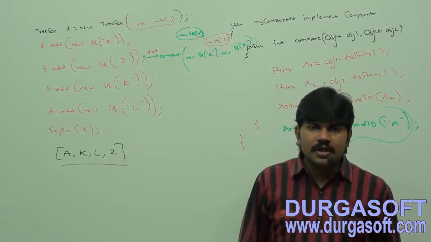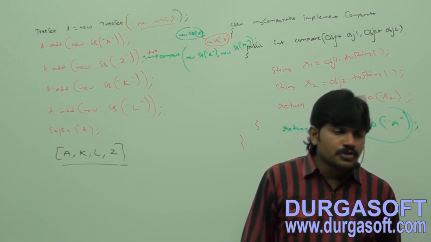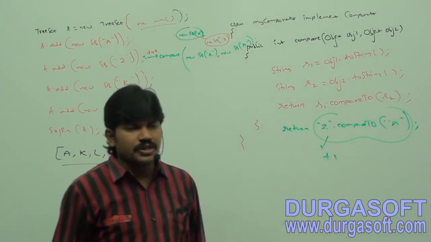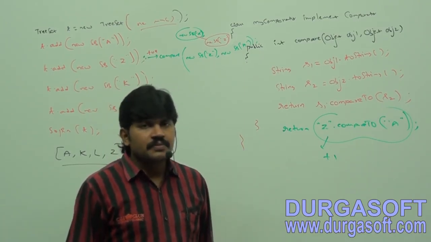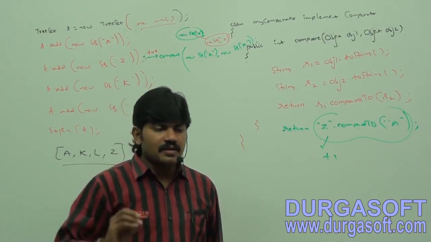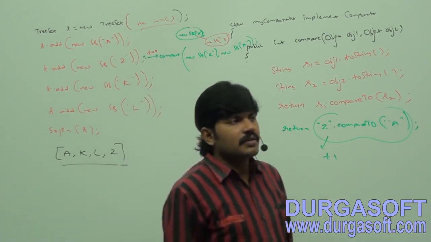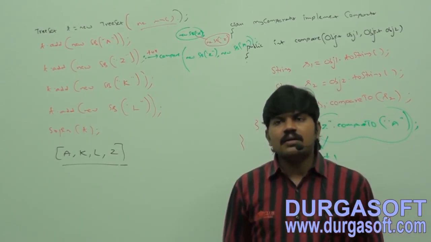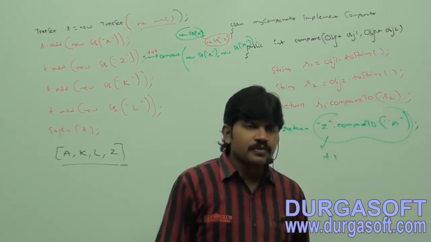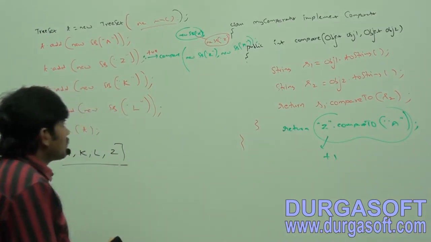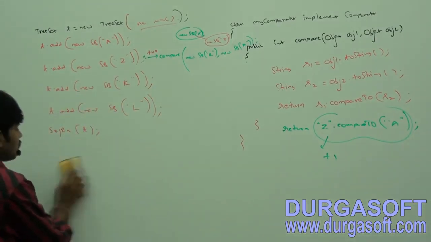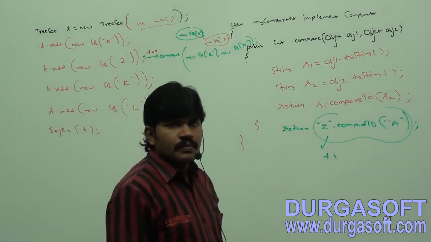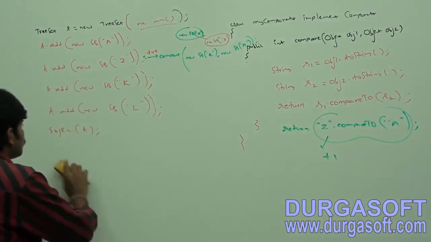Then objects need not be comparable and homogeneous. That is, we can add heterogeneous non-comparable objects also.